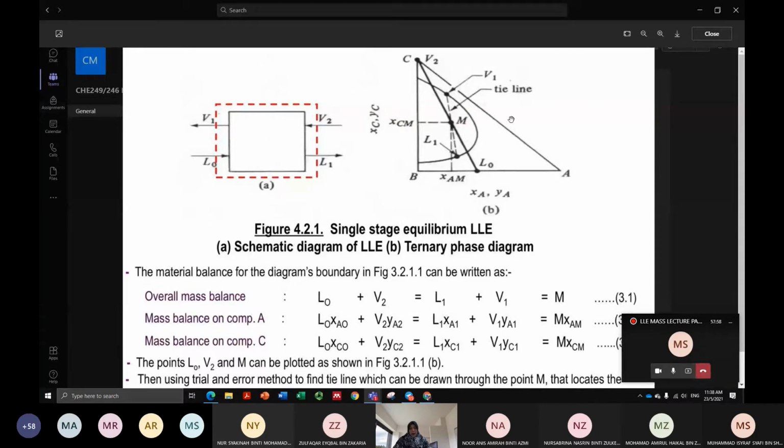So take a look at the right triangular diagram. L0, you draw a line between the point L0 and V2. L0 is your feed.